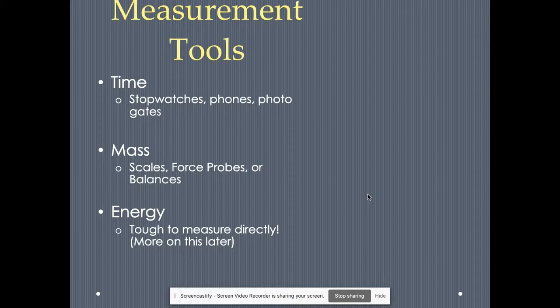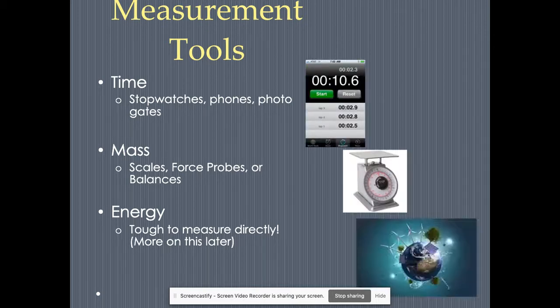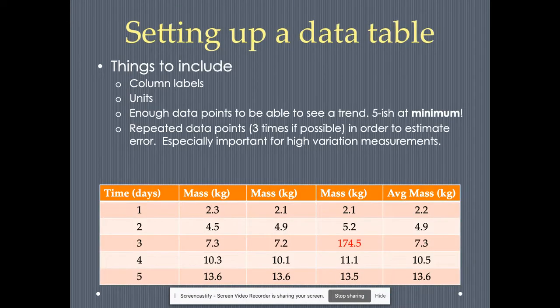So when we get into the world of energy, we'll talk a little bit more about that. Anyways, sorry I didn't put those pictures up for you first. But those are a couple of measurement tools we can use, and we'll share more of that throughout the semester.